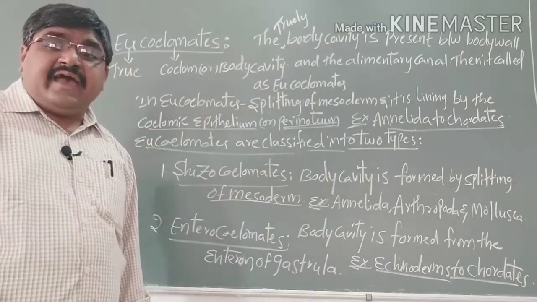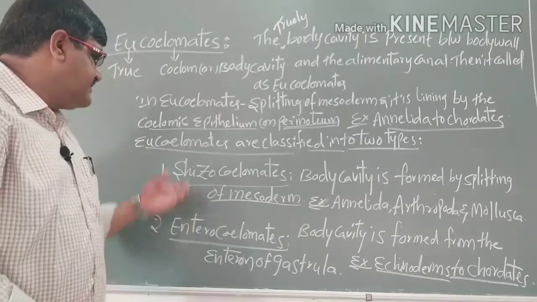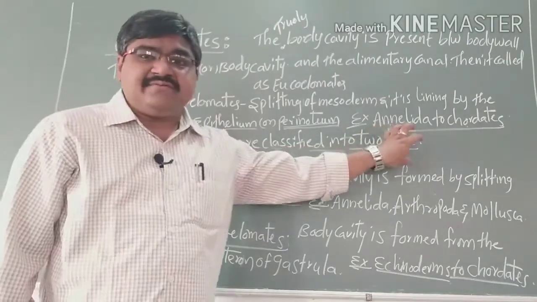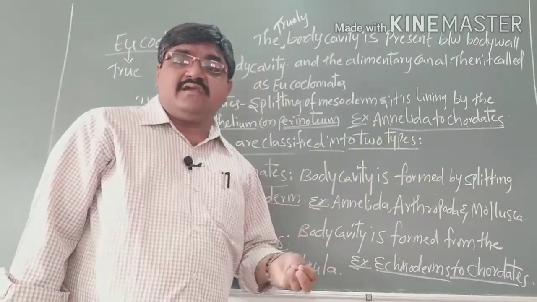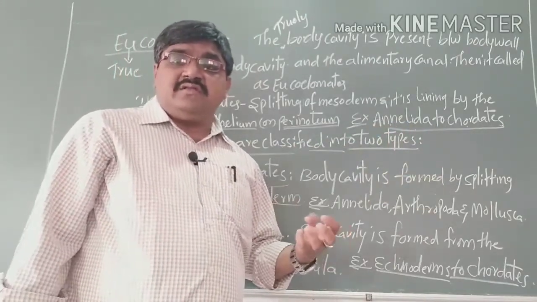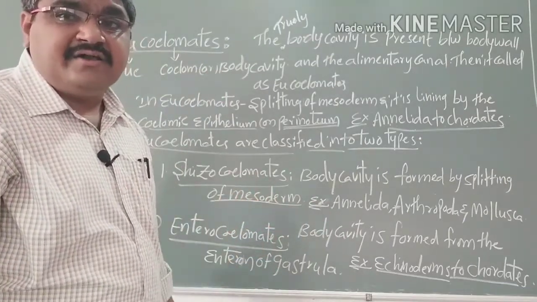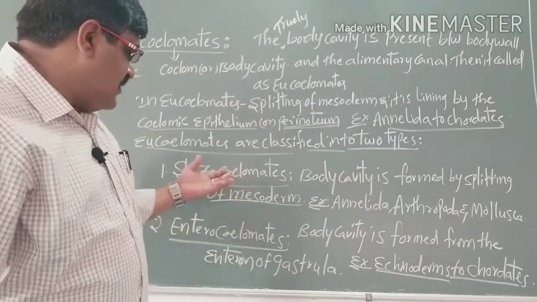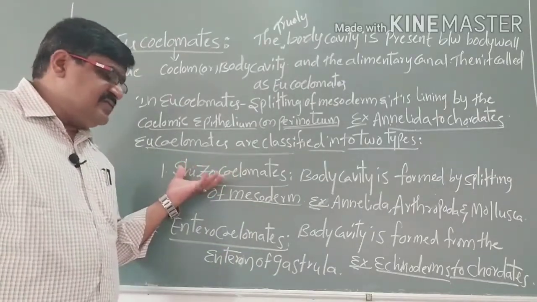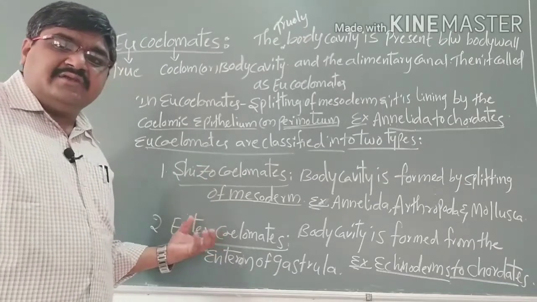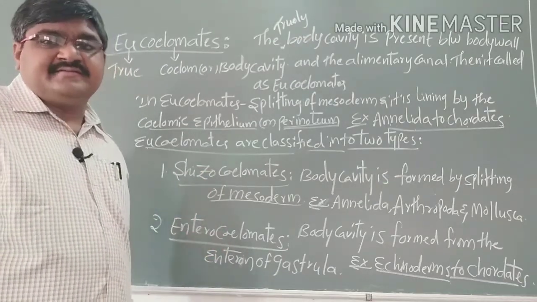Next, eucoelomates are classified into two types based on the splitting of the mesoderm and the enteron. One is called the schizocoelomates and the second is called the enterocoelomates.